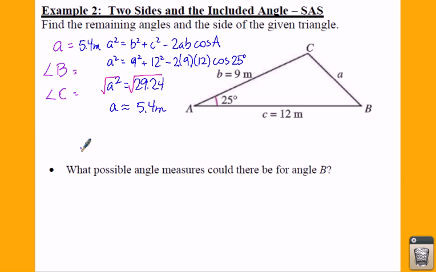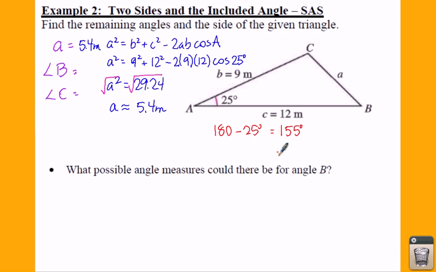Now, in order to find out what our angles are for B and C, we've got to think about other possible measures that could be for B. Well, since A is an acute angle, that means if you have 180 degrees minus 25 degrees, you have a total of 155 degrees to split up between angle B and angle C. So that can be any combination.